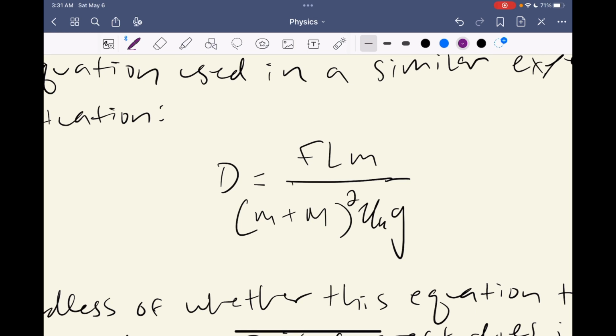Looking at this equation, we know right off the bat that F is constant because it was already stated in the question. The m is also constant because it's a fixed number. And g is constant because it's gravity.